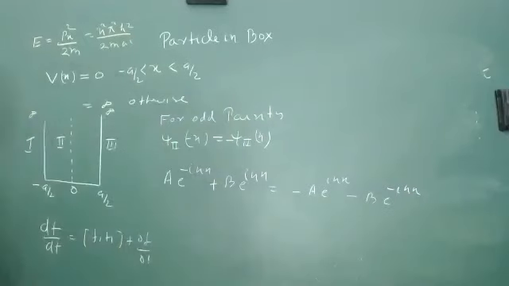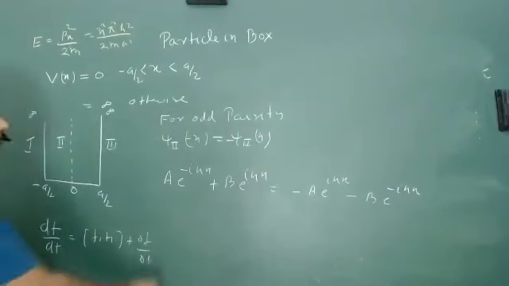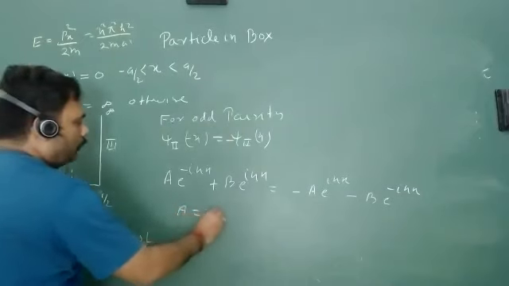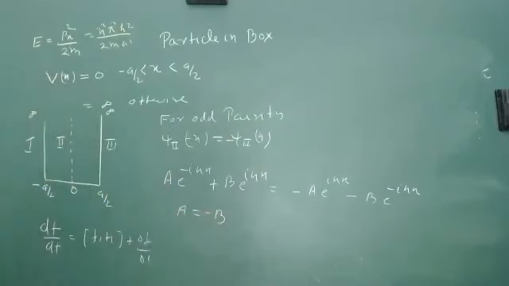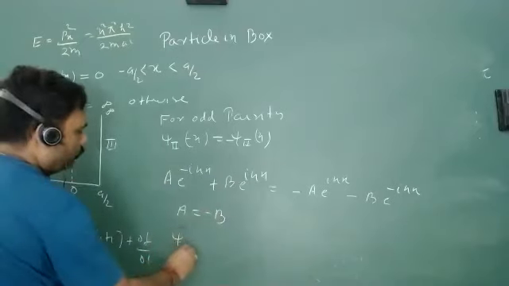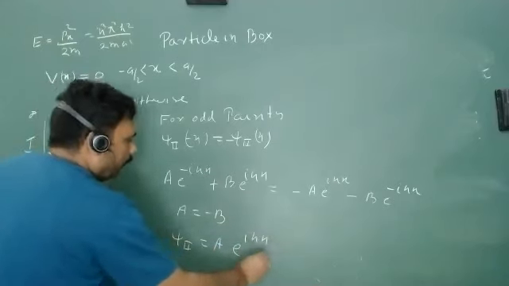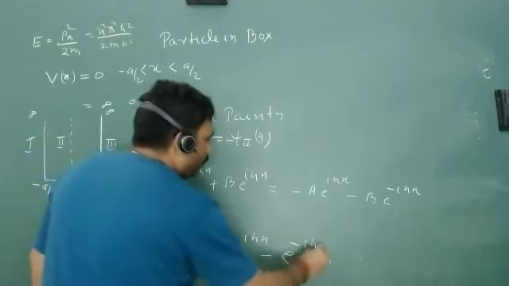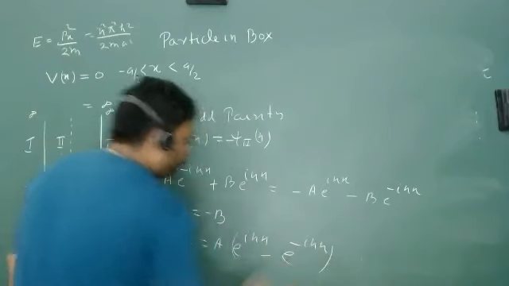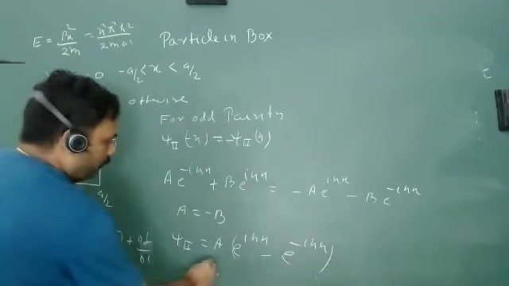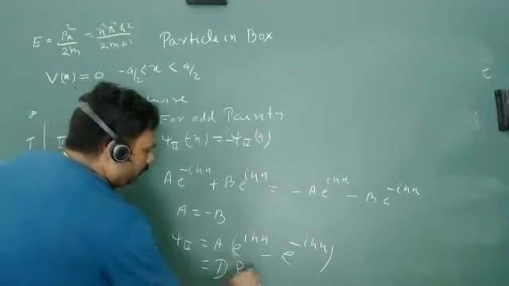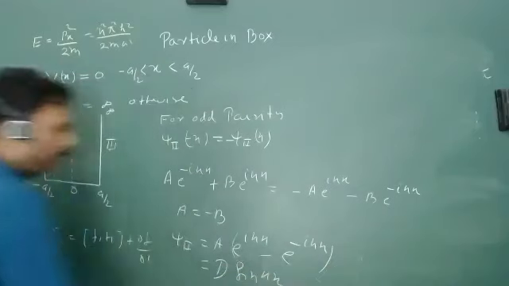So what should be the conclusion? A is equal to minus b. Then psi 2 is equal to a times e to the power ikx minus e to the power minus ikx, and this can be written as, let's say, some d sine kx.